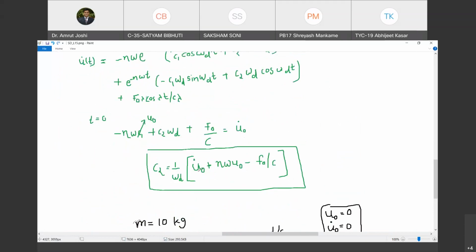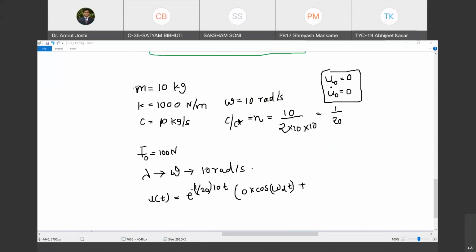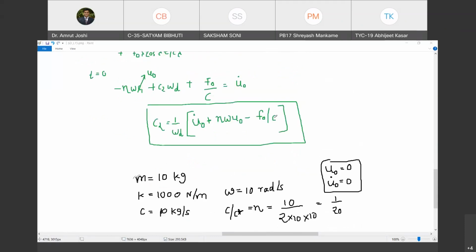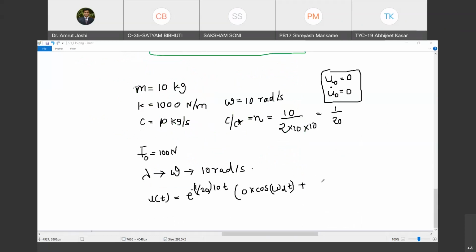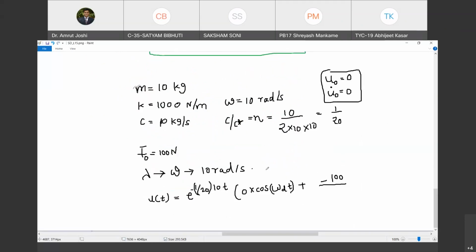What is the value of C2? U0 dot is 0, so therefore this value is going to vanish. U0 is 0, therefore this term is also going to vanish. So therefore C2 is going to be equal to minus F0 upon C omega d. So it is going to be minus F0, which is 100, upon C. What is the value of C? C is 10.